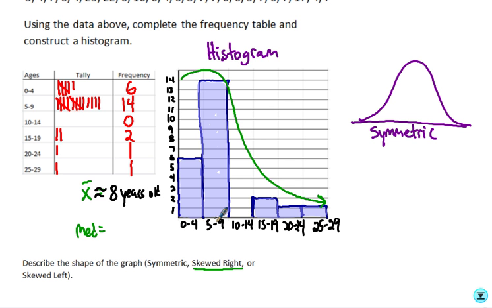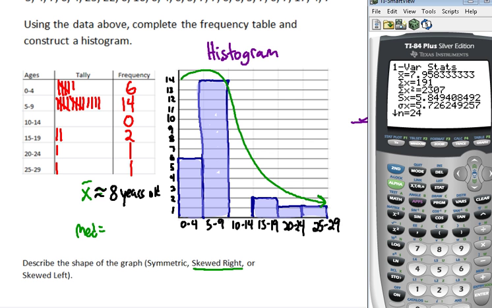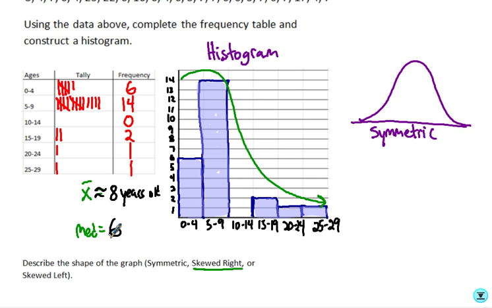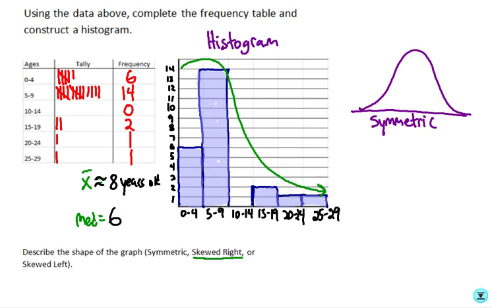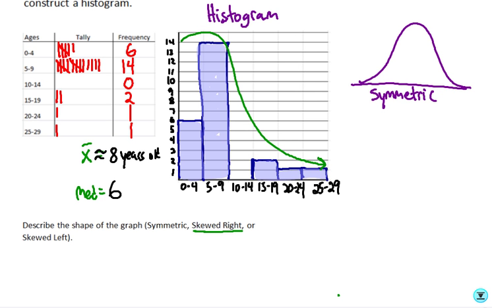The median, so if we look to see what the median is, they tell us is going to be 6. So what ends up happening is that if the mean is greater than the median, then we would say that it's skewed right. So basically that the average and the middle don't match up.